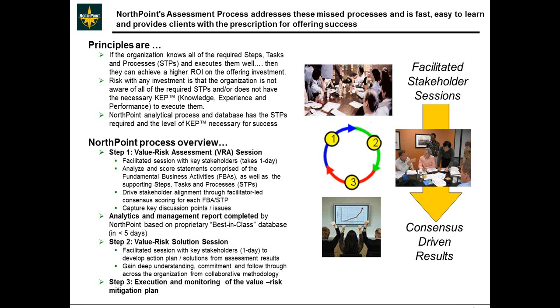Each fundamental business activity and supporting step, task, and process is scored on a consensus basis, which uncovers the discrepancies in understanding, the root cause of any issue, and improvement or new value opportunities. In addition to the consensus-based scores, we capture key discussion points, otherwise known as reasons behind the scores. The process enables commitment to what needs to be improved or opportunities to take advantage of.